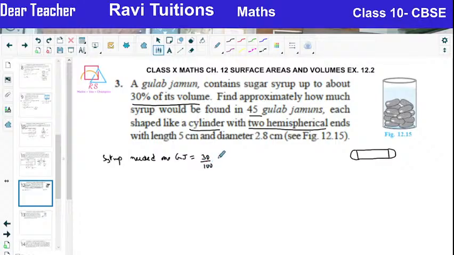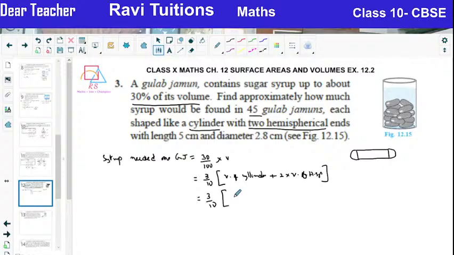30 by 100 into the volume of the gulab jamun. So volume of gulab jamun means 3 by 10 into the volume of the cylinder, the middle portion, plus 2 into the volume of a hemisphere. You keep 3 by 10 like this.